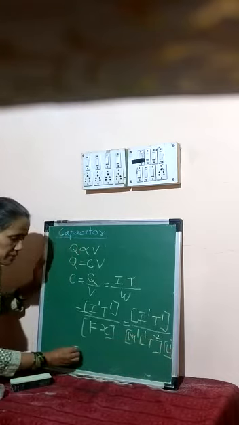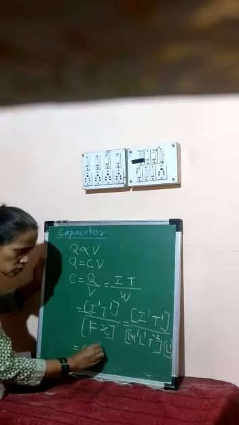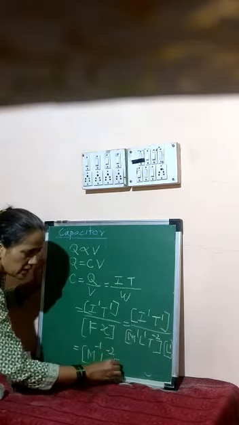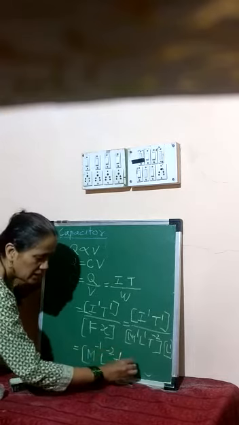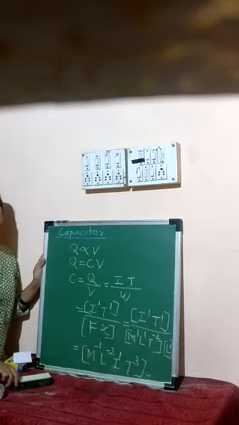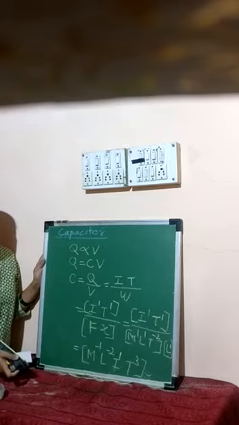So the final dimensions of capacitance become M raised to minus 1, L raised to minus 2, I raised to 2, and T raised to 4. This is the dimensions of a capacitor. So this is the general information about capacitors.